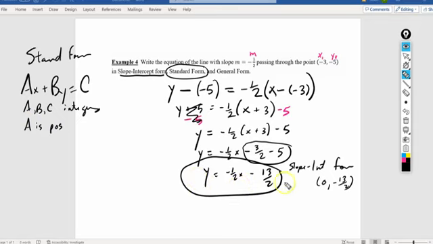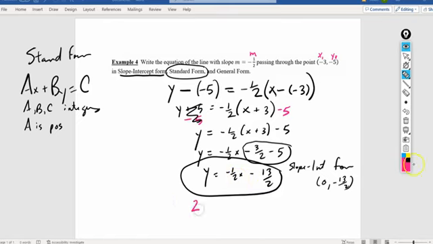Right, so this has y. Let's get rid of the fractions. Let's turn everything into a whole number. How am I going to do that? You multiply everything by whatever's in the bottom, or the lowest common denominator. So suppose this had been a 2 in the bottom here and that had been a 5, you'd multiply everything by 10 in order to get rid of the fraction. But here, this is going to be nice. So I'm just going to multiply everything by 2.